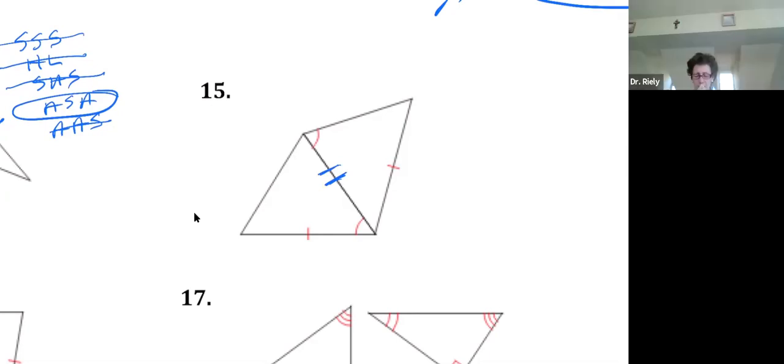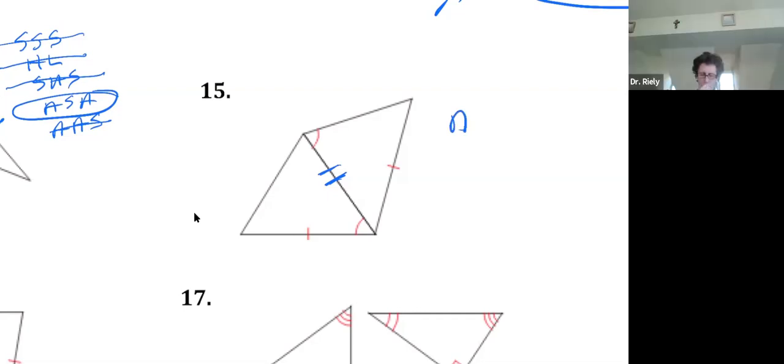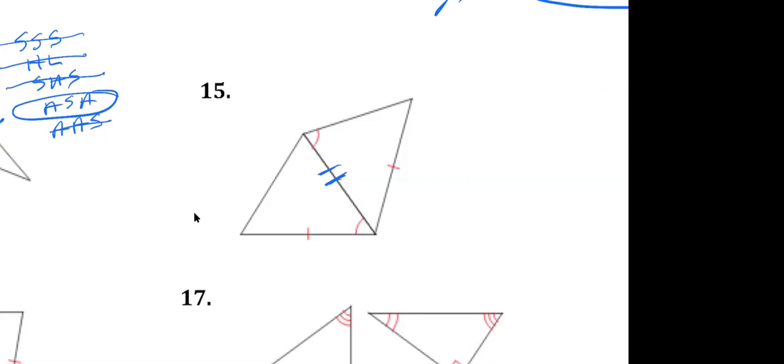So once I have those marked, then try to diagnose it. So what did you say it was? I said it was angle, side, angle before. So now what do you think? Angle, side, side.